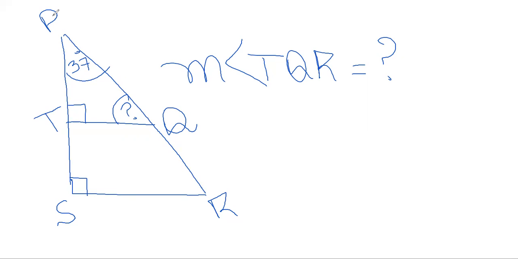You want to add 90 and 37, since the sum of all the angles in the triangle is 180. You do 37 plus 90, which is 127, and then you take 180 and subtract 127, and you get 53.